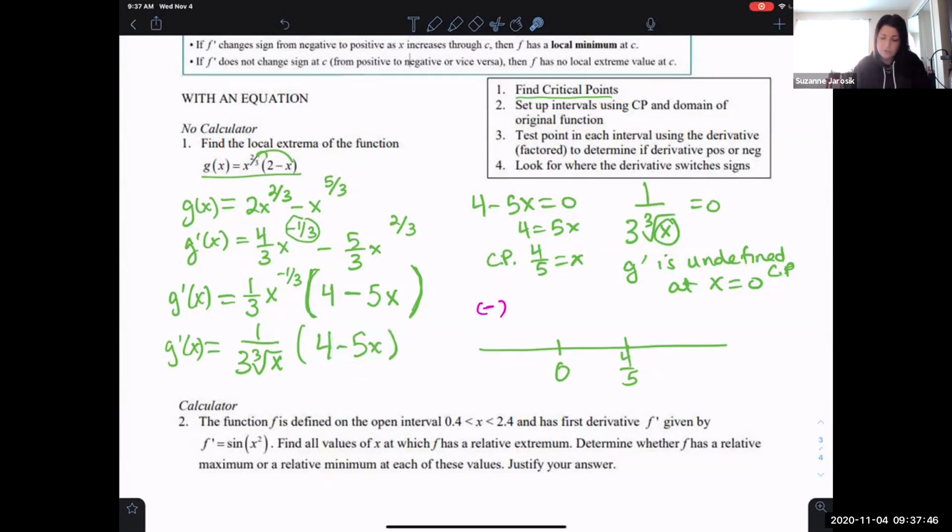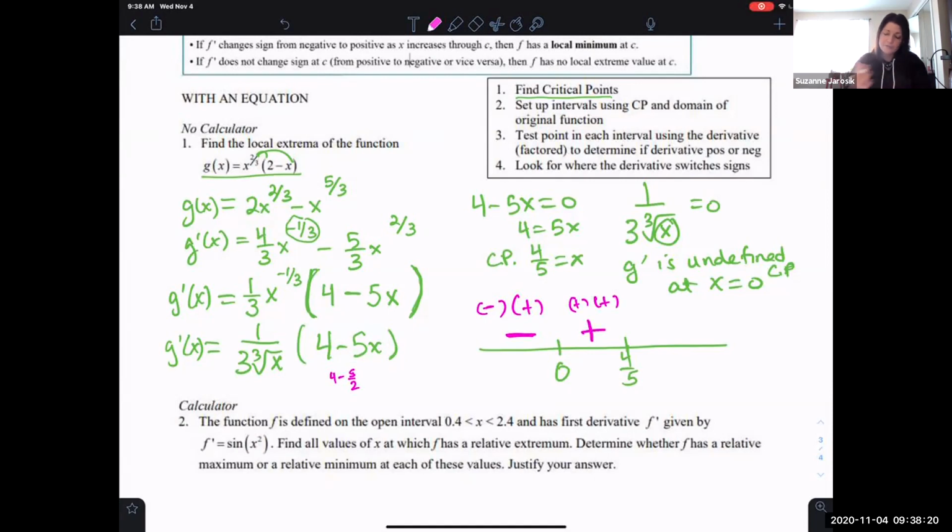So overall, a negative times a positive is a negative. Something between 0 and 4/5. 4/5 is 0.8, so how about a half? Again, we're positive on that first term. And if we plug in a half, 4 minus 5/2, that's 2.5, so that's still positive. So this is positive.